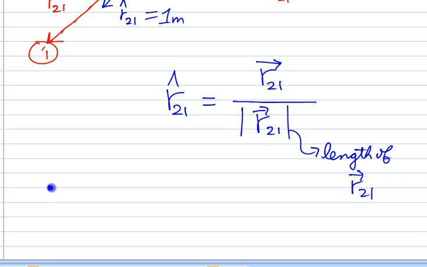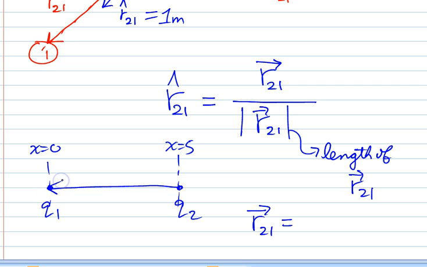Let me give you a concrete example of this. Let's say that I have q1 right here, q2 right here, and this is at x equals 0, and this is at x equals 5. Well, r21 would be equal to, believe it or not, 5 units in the negative i hat direction. That's how I get from 2 to 1.